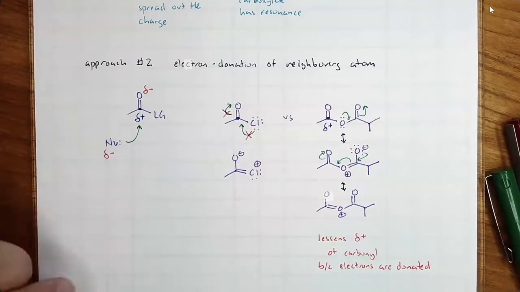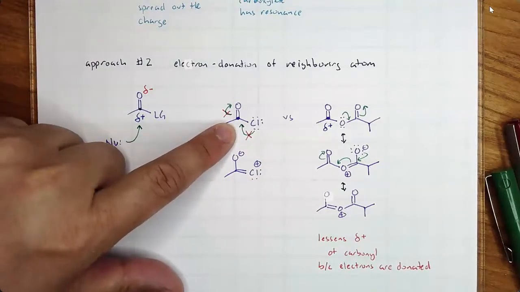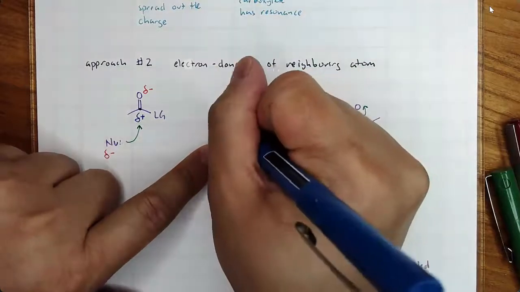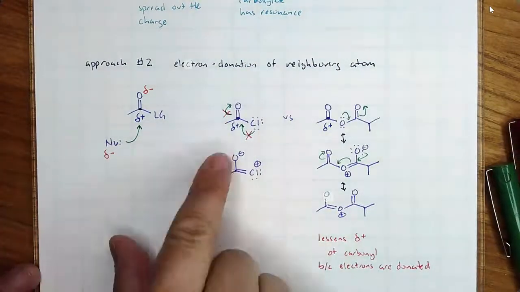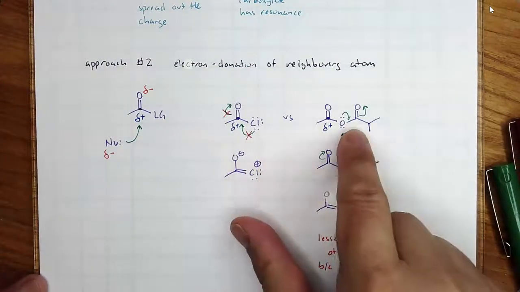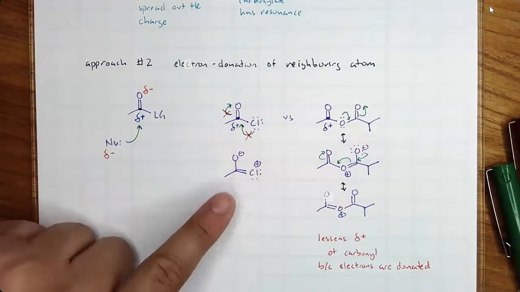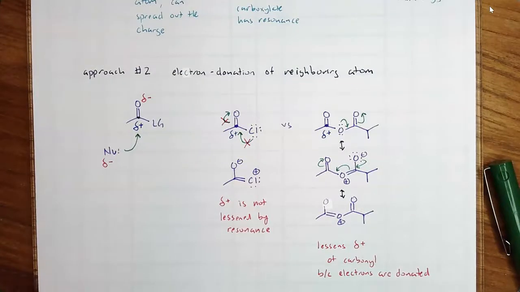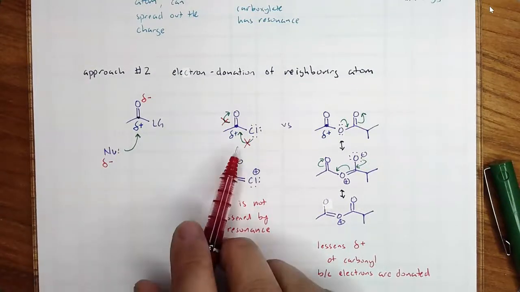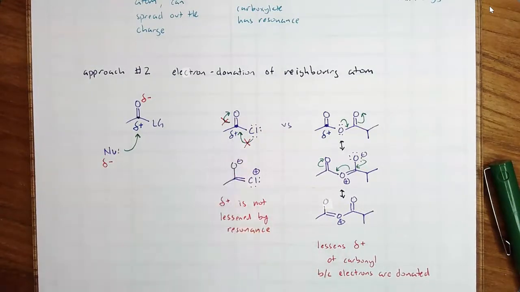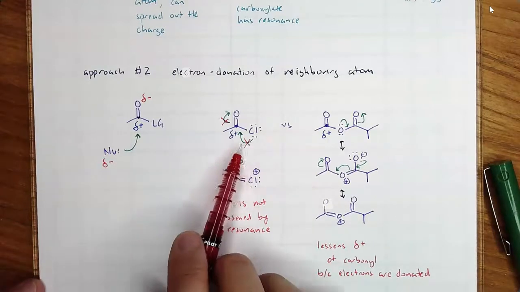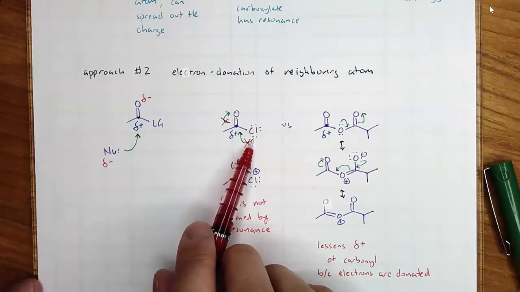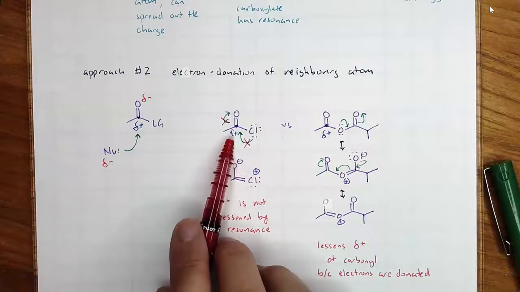So what does that mean for this partial positive charge? Because chlorine does not do the same type of resonance that oxygen does, this partial positive charge is actually larger. I'm going to speculate that this resonance doesn't happen because of the mismatch in size between the chlorine and the carbon.